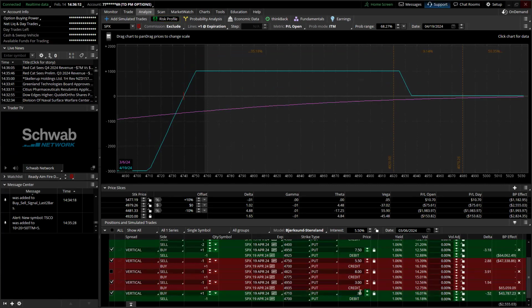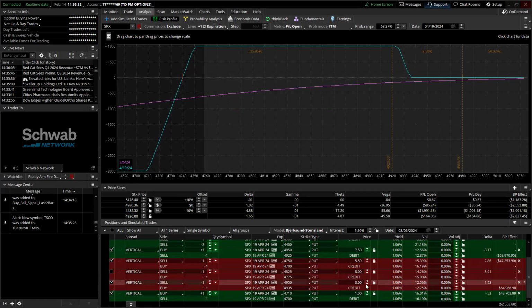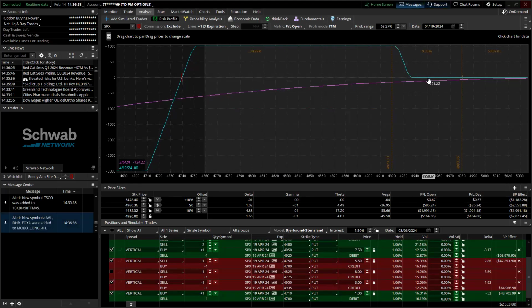Maybe let's say I paid $1 for this to make it round. So I collect $3 by rolling my long leg on the put debit spread, and then I spent $1 to roll my long 47 put up to 47.10. Right, this is a net credit of $2. So I take in $2, and that goes to remove or take back the $2 that I paid up front when I put this trade on.